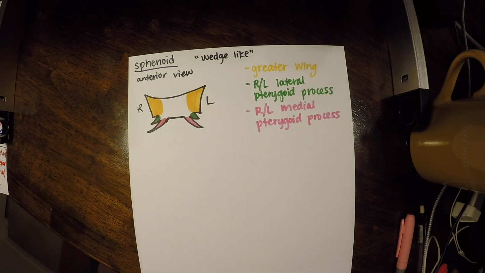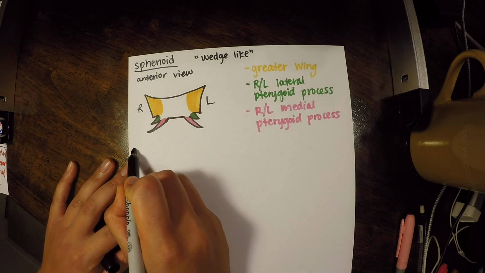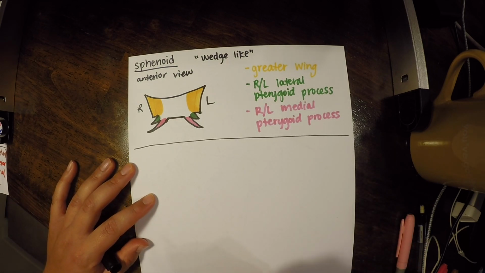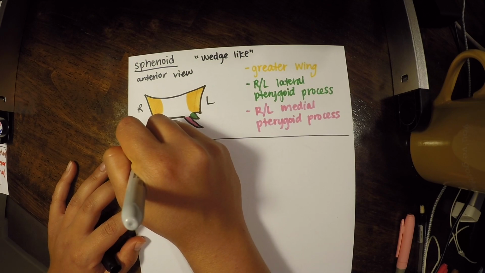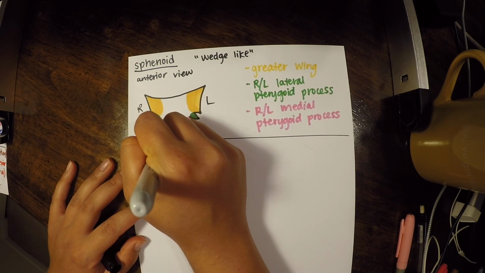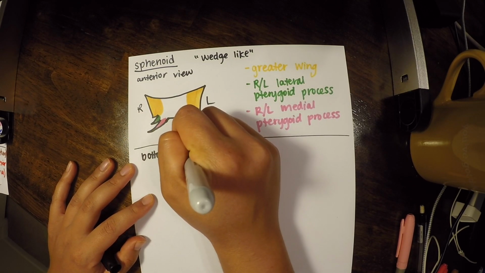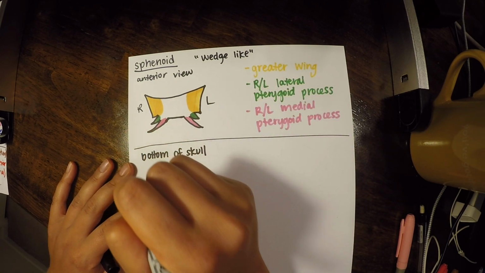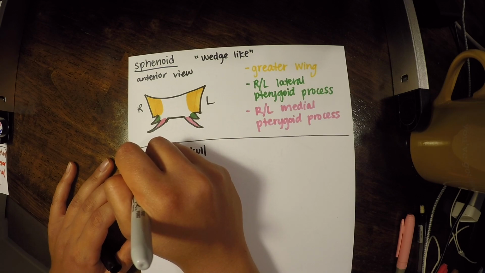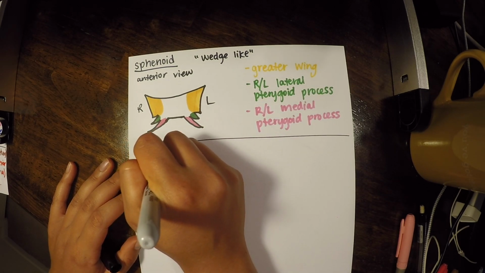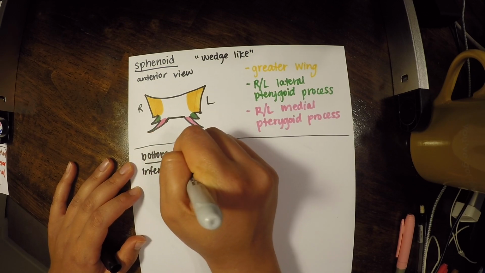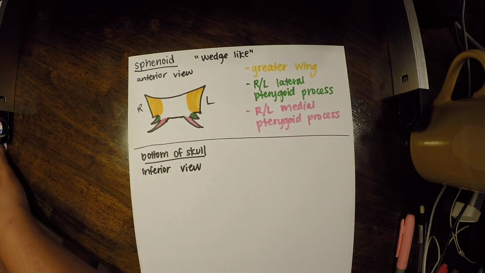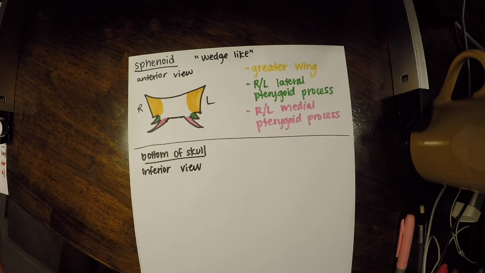Now, one final thing I want to point out is the bottom of the skull, which is the inferior view. I just want to point out one main structure that we can only see from the bottom.